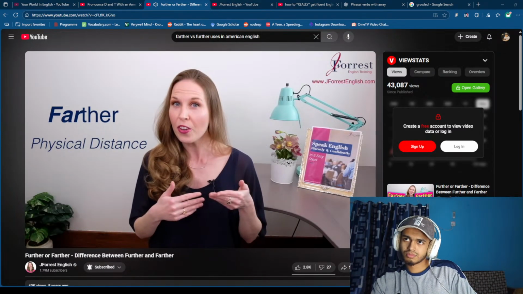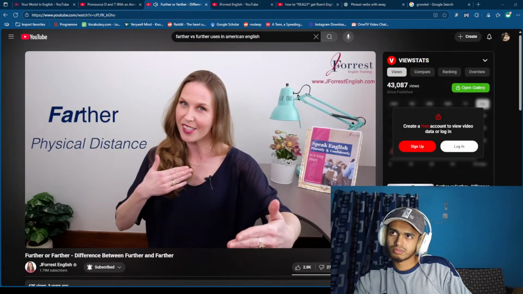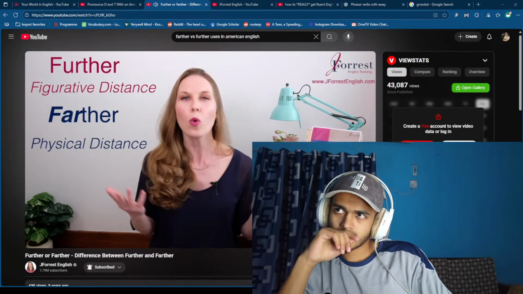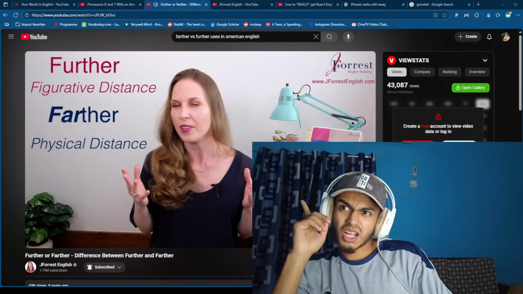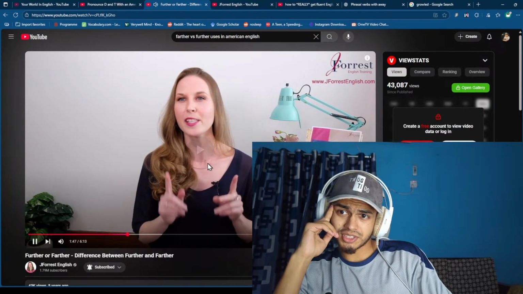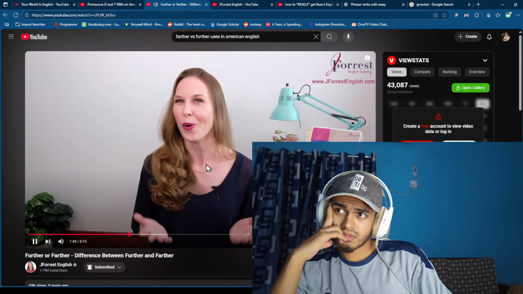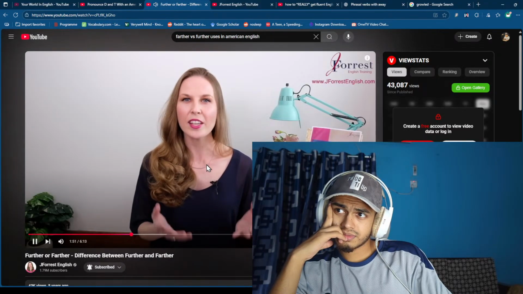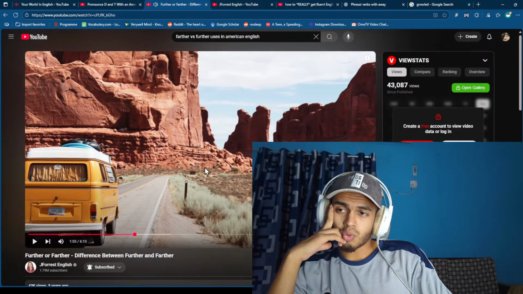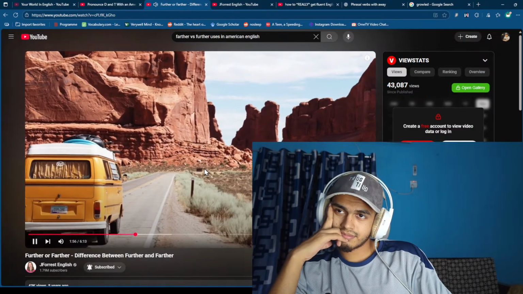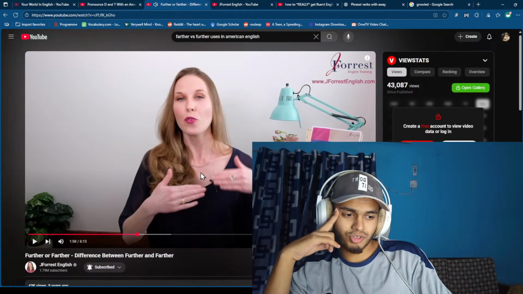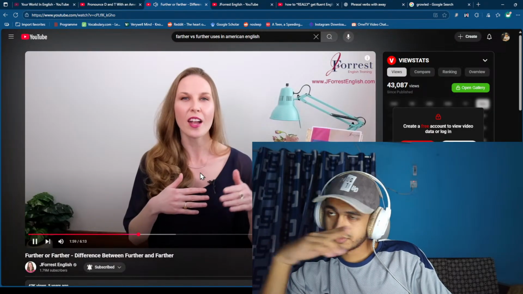Now, farther is used for physical distance, while further is used for metaphorical or figurative distance. It's explained using an example, of course. Let's imagine that you're going on a road trip with your kids. You're driving.